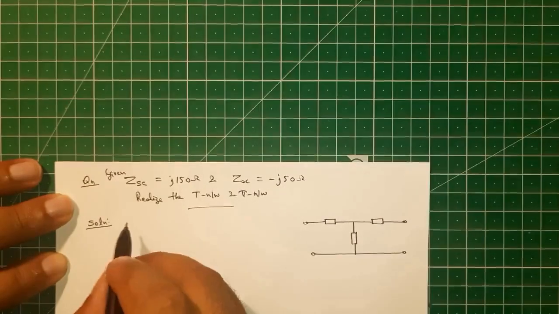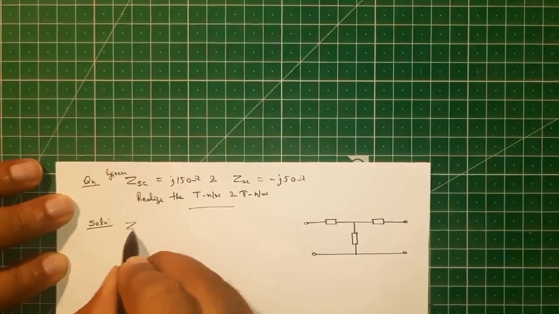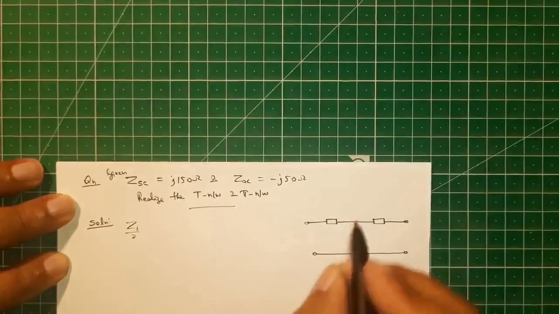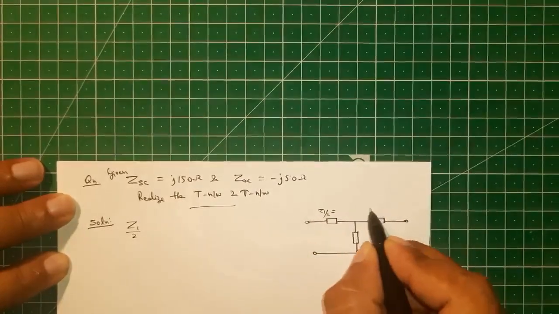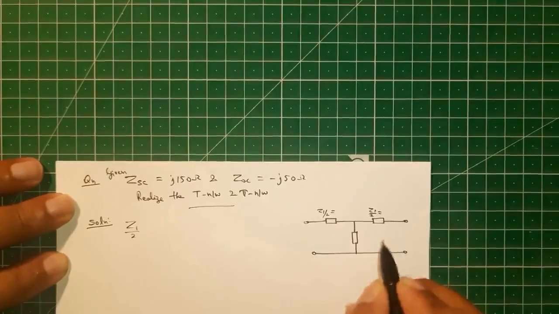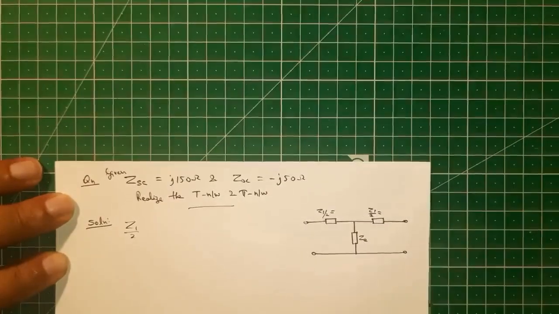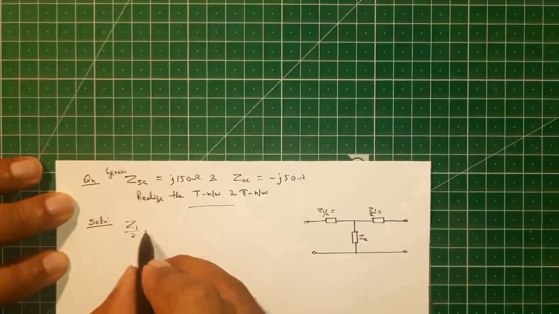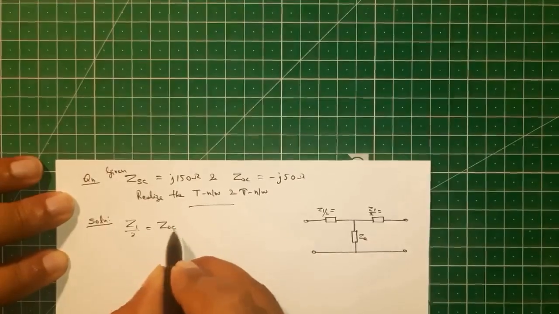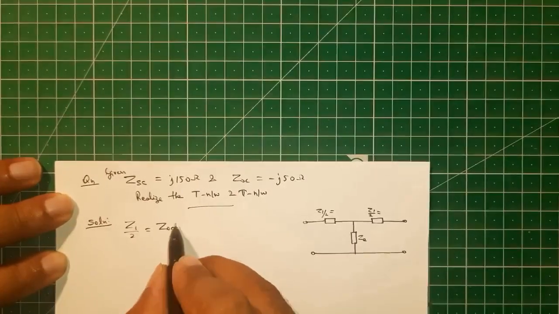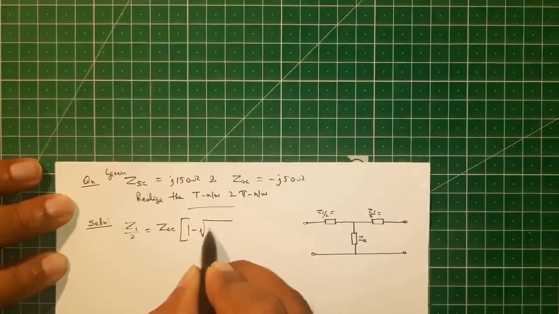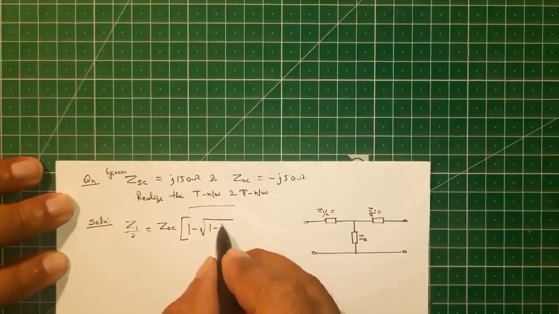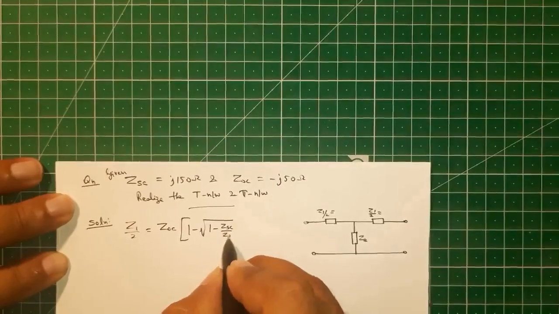So the expression for Z1 by 2: this is our Z1 by 2. Z1 by 2 is equal to ZOC into 1 minus root of 1 minus ZSC by ZOC.